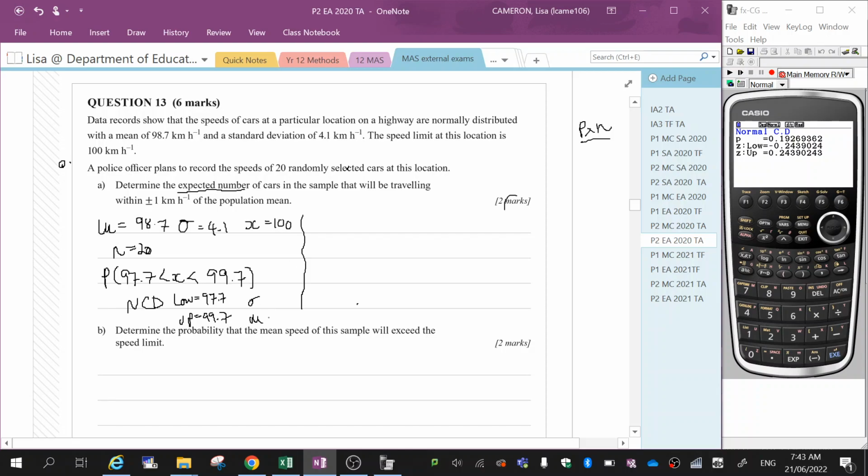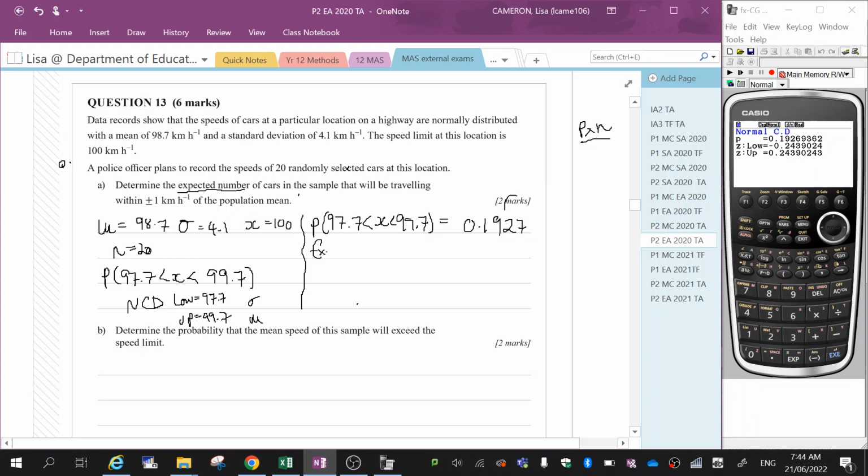It'll just make it really clear and make sure you're getting all of those other little marks. So I've chucked it in, and I've worked out that the probability that it is between these two is equal to 0.1927.